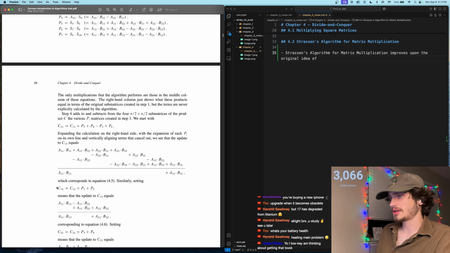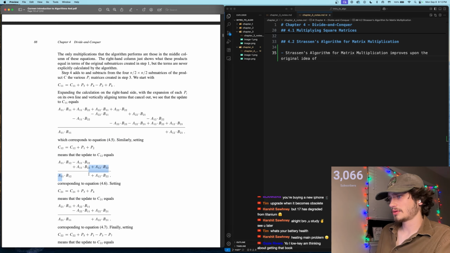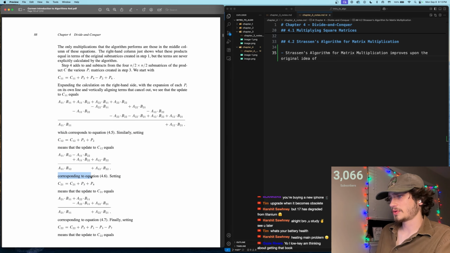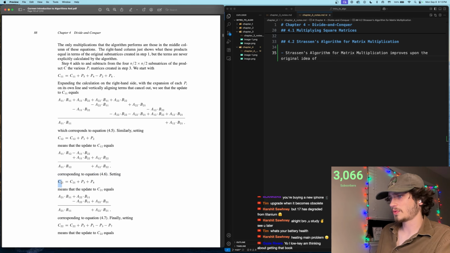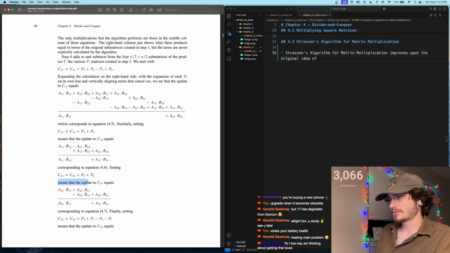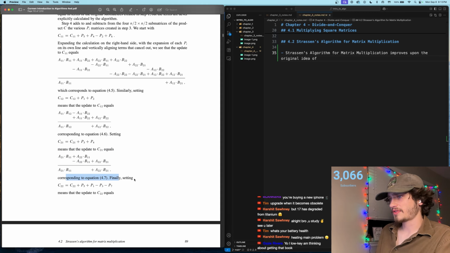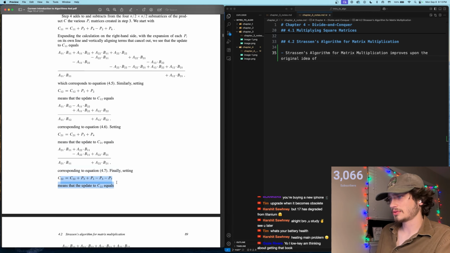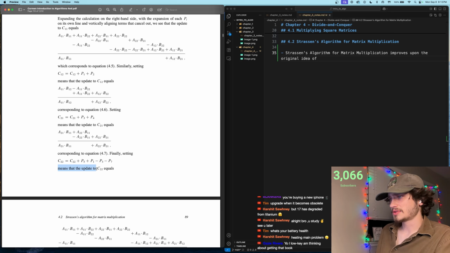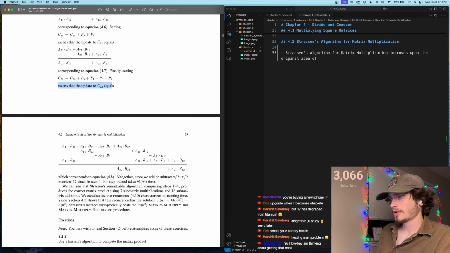Similarly, setting C12 equal to this, updating here, corresponds to equation 4.6; setting C21 equal to this, meaning updated C21 equals this, corresponds to equation 4.7; finally setting C22 to this, meaning updated C22 equals, corresponds to equation 4.8. Altogether, since we add or subtract n over 2 by n over 2 matrices 12 times in step 4, this step indeed takes theta n squared time.